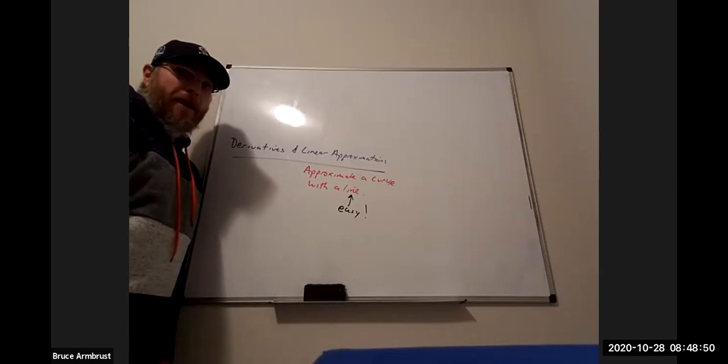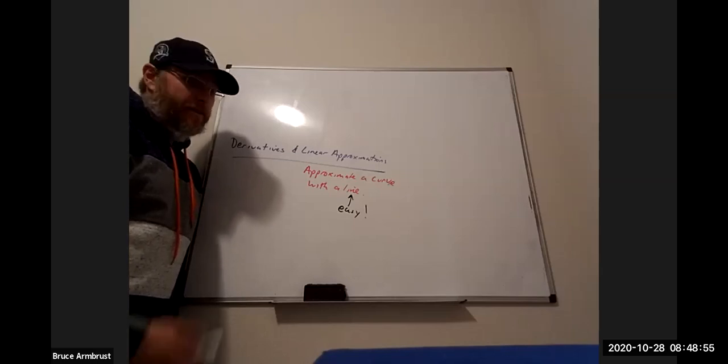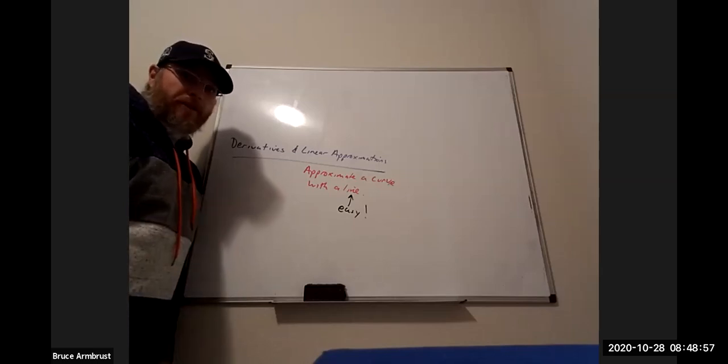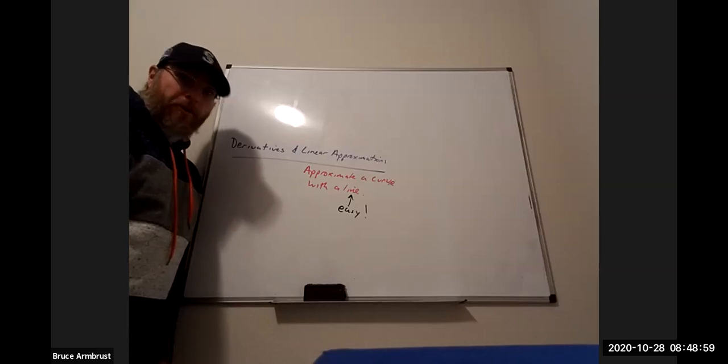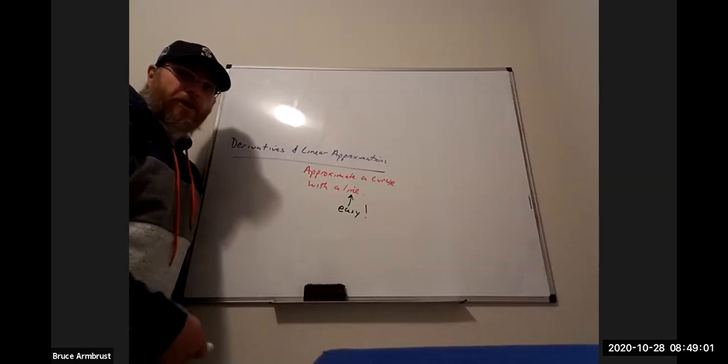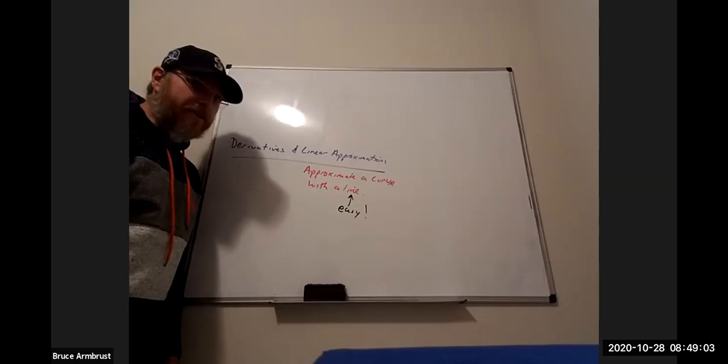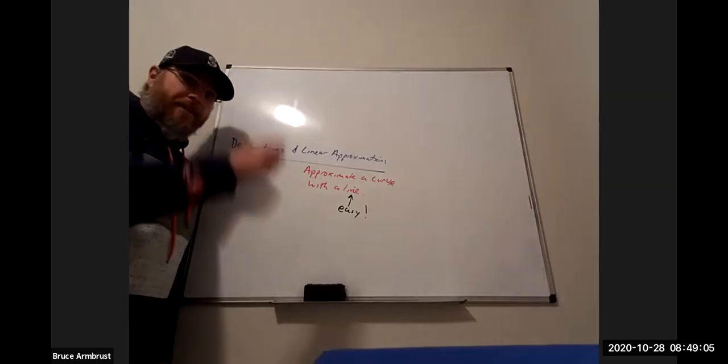We know everything about them. If you want to draw the graph of one, all you've got to do is know 2 points. Or if you know a point and a slope, the slope tells you what direction it's going. Once you start going in the direction, you never stop. They're really easy to draw.